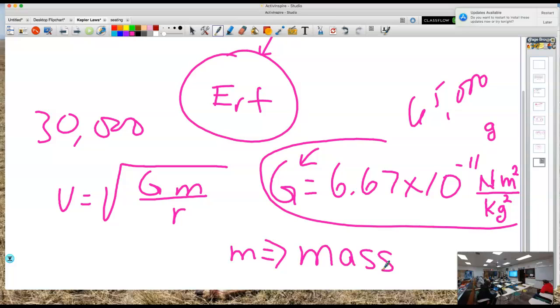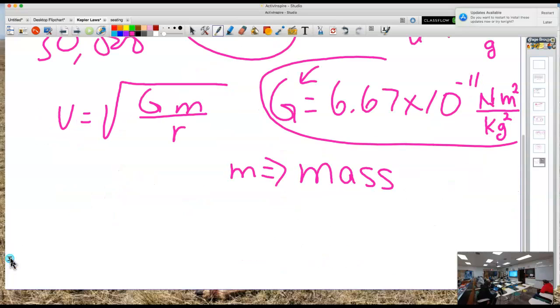Now you have to be careful because it's the mass of what we are orbiting. So in this case, it would be the mass of what? Earth, exactly. That would be the mass of Earth. It's what we're going around.